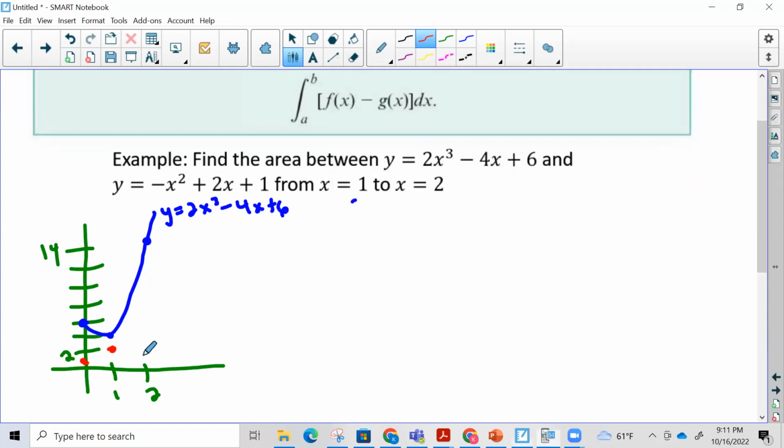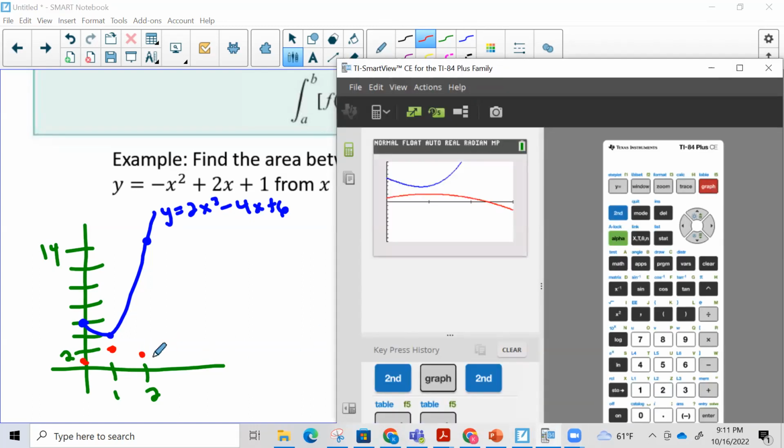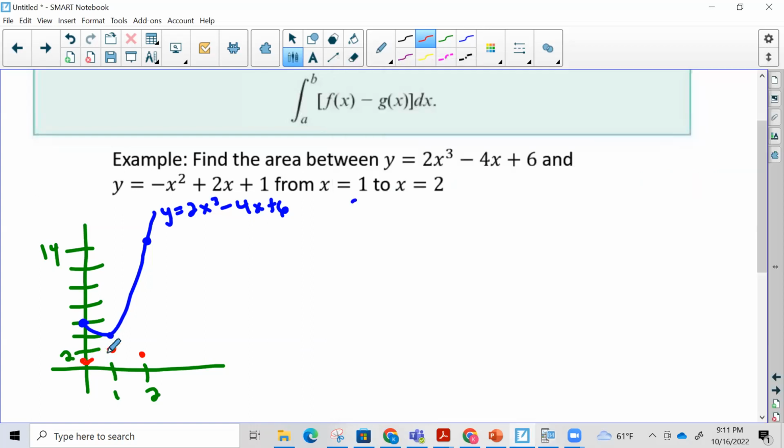It goes back down. Okay, and again, I go to graph to get an idea. And we went from 1 to 2. So we're really finding the area just from here to here of this region.